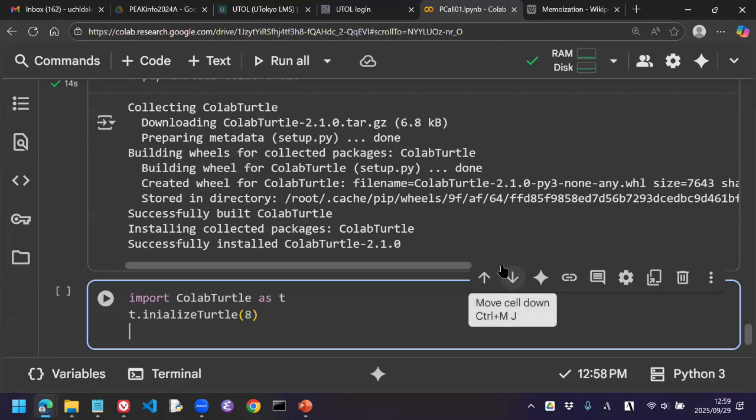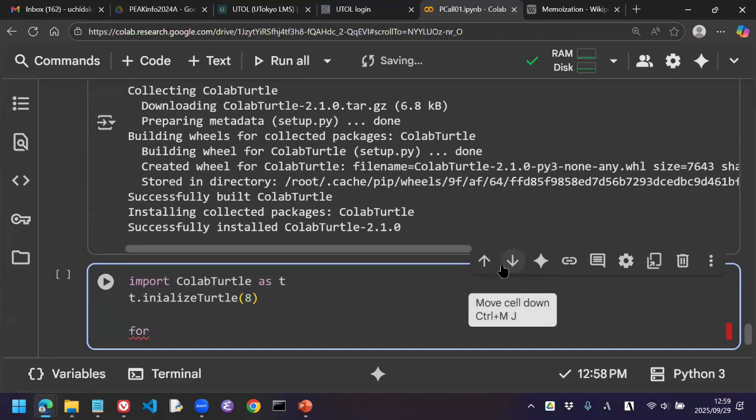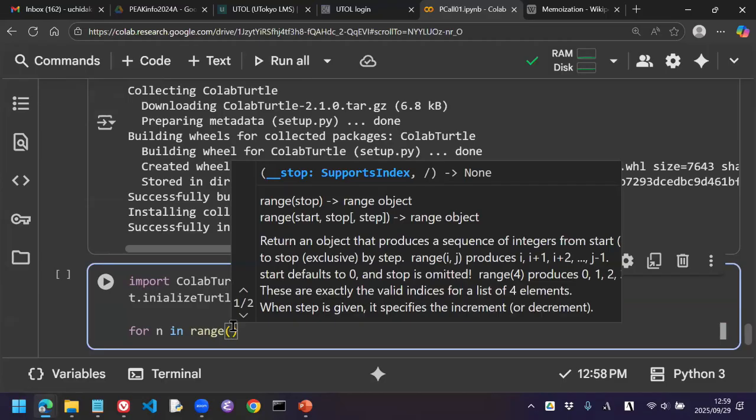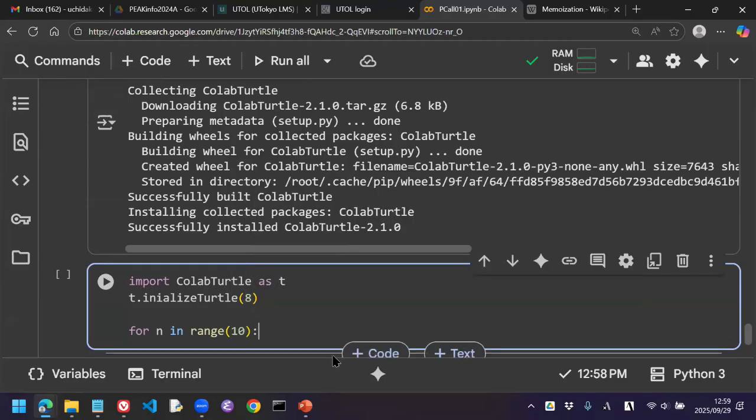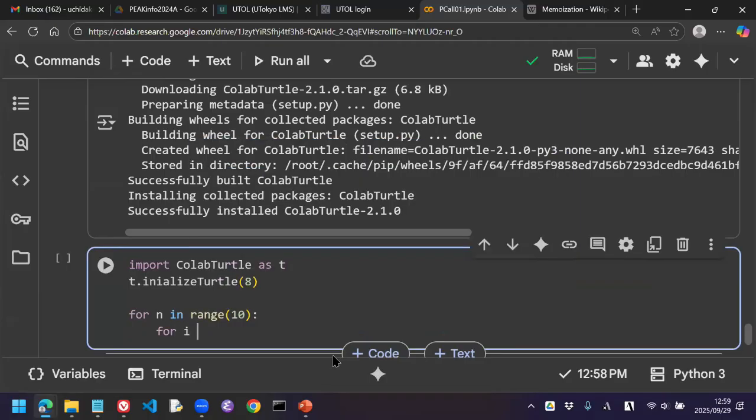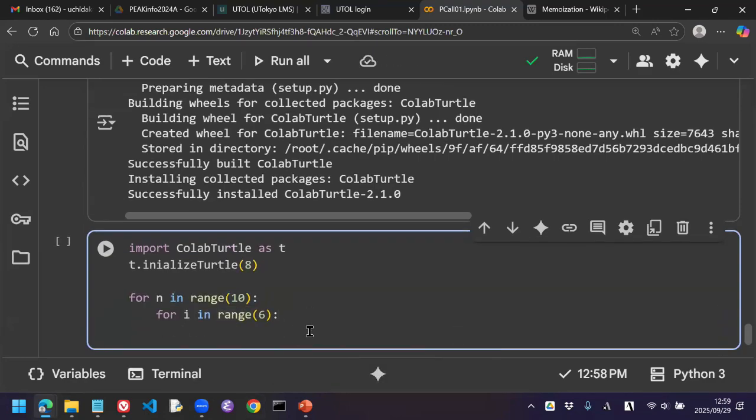For the loop, for n in range, say 10, and for i, because we need to write several more than 4 squares, we write 6 sides rather than 4 sides for each square.